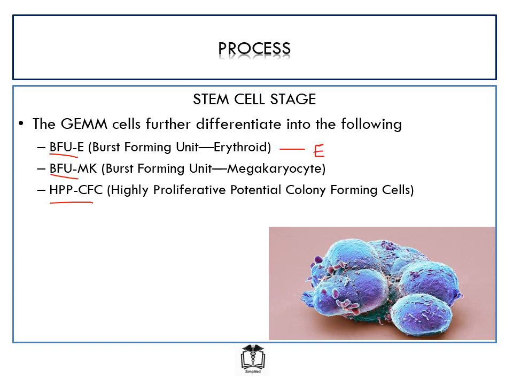The burst forming unit megakaryocyte is the progenitor cell for megakaryocytopoiesis, and then finally the high proliferative potential colony forming cells is the progenitor cell for the process of granulopoiesis and monocytopoiesis. In terms of erythropoiesis, our focus will be on the formation of burst forming unit erythroid. We'll talk about that in the next slide.